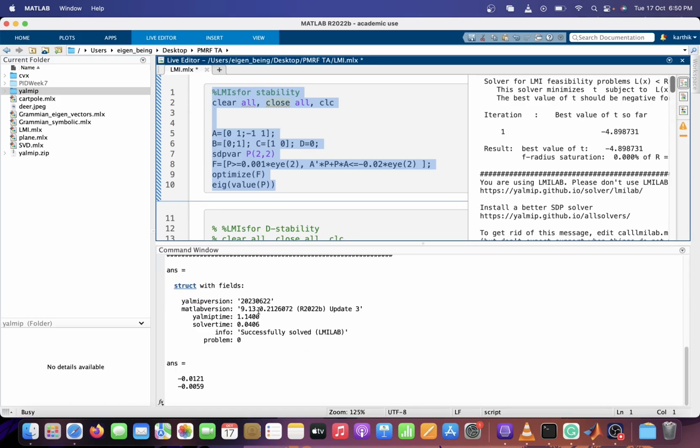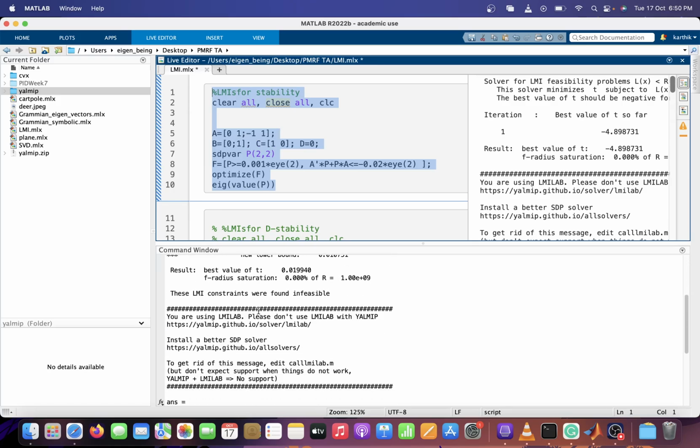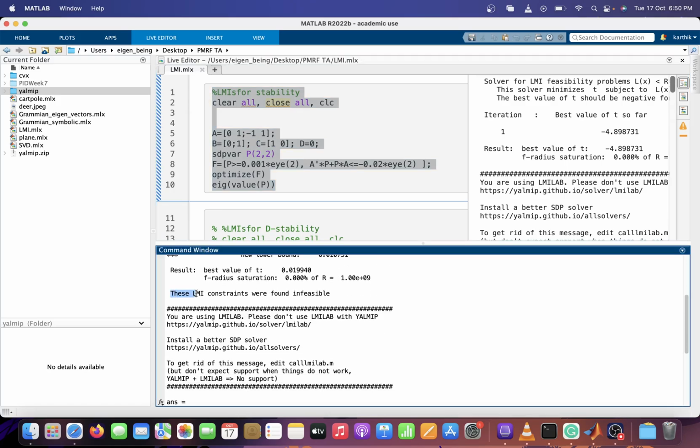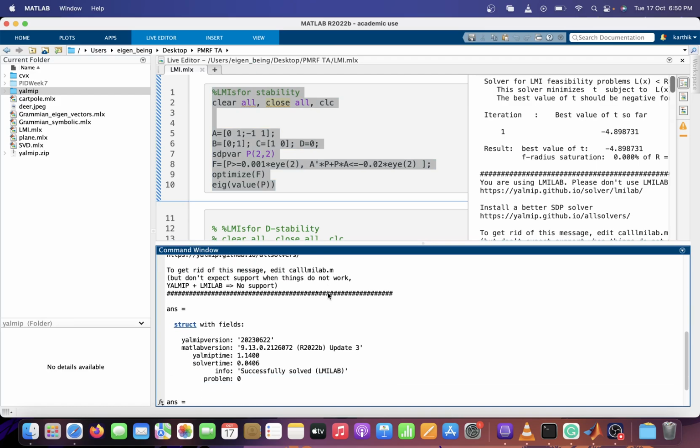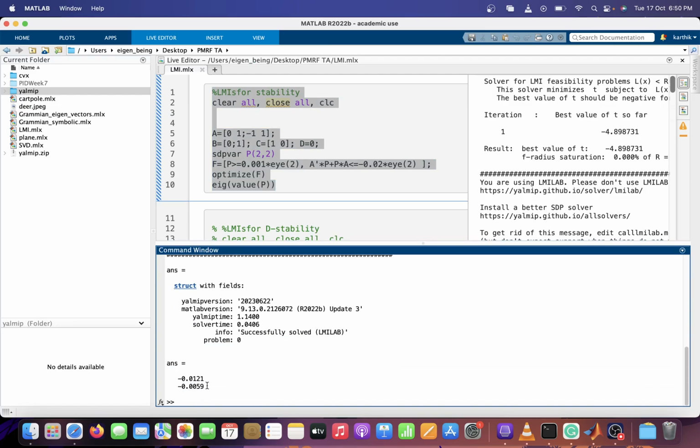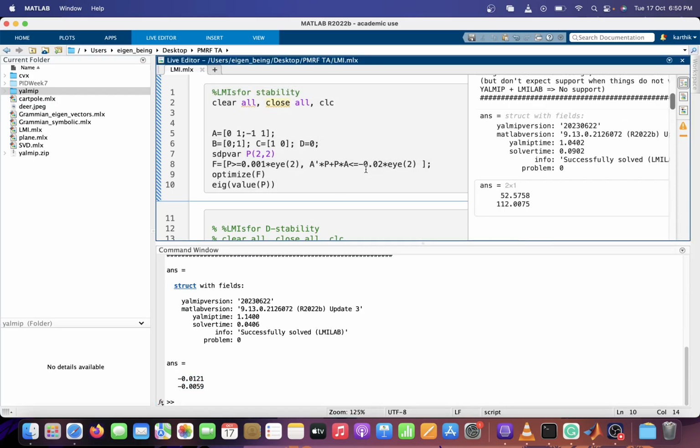When I rerun this code, what I get is the LMI constraints were found to be infeasible. If I check the eigenvalues of P, I get negative, which means it's infeasible. I cannot find a P which solves both these constraints. So that's how you solve for LMI.